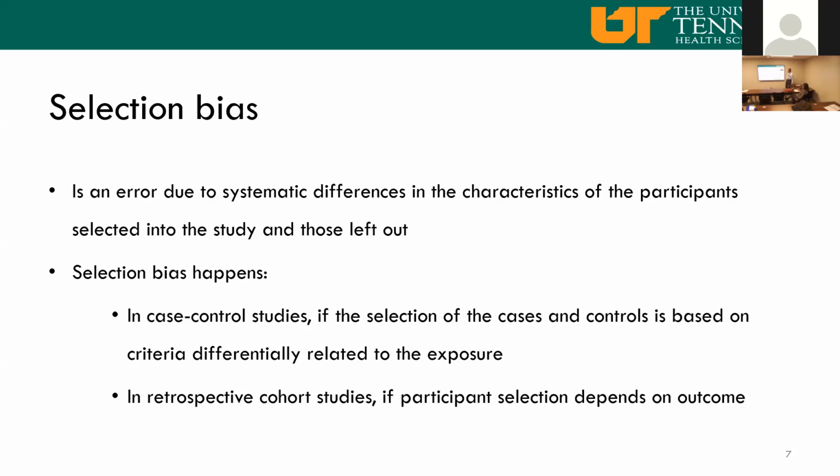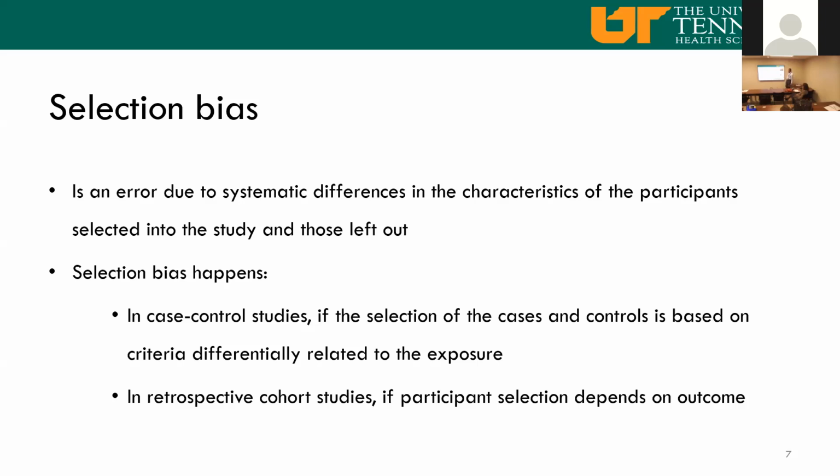In case-control studies, we start with cases, those with a certain disease, and controls, those without the disease, and we compare their risk of exposure to an exposure of interest. If the controls are selected based on different criteria than the cases, there are differences between the cases and controls besides their disease definition, and that can change the measure of association at the end.